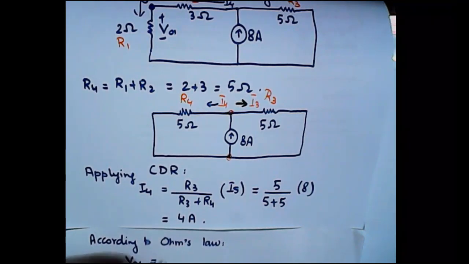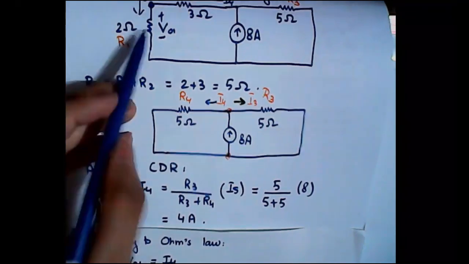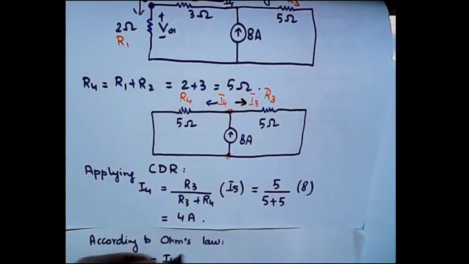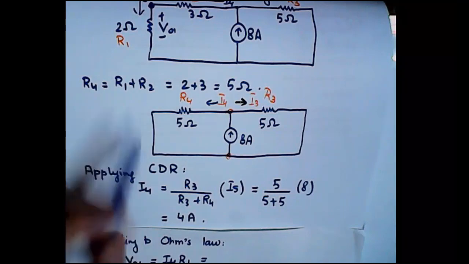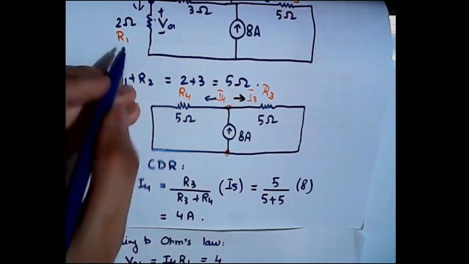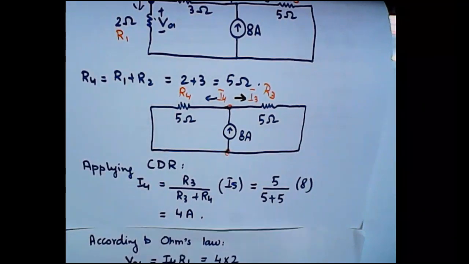V01 will be equal to I4 multiplied by R1. Since I4 is entering the positive terminal, it will be positive. How much is the value of I4? It is 4 amperes. Multiply by R1. How much is the value of R1? It is 2 ohms.